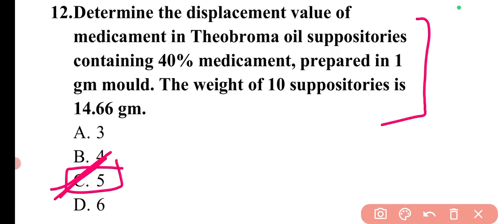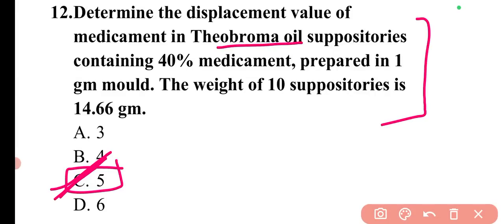You can revisit the values and find out how we calculated the displacement value. There are 3 or 4 steps. First we need to find the weight of 10 suppositories with theobroma oil alone.